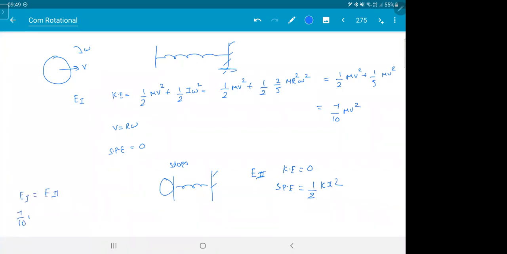So 7 by 10 mv square is equal to half kx square. So we get x is equal to root over 7 by 5 mv square by k. Normally we used to write half mv square is half kx square. We'll just add half I omega square additionally. The rotational component keeps coming now. Put it on, have a look at this.